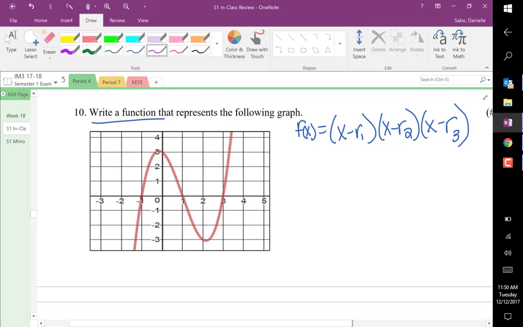What is my first root in purple? -1. What is my second root in pink? And what is my third root in green? So all you're doing is plugging each one of these into the function. On a multiple choice exam, it'll be a lot easier to see that the signs just change. So look, when I plug in the purple -1, what happens to the sign?